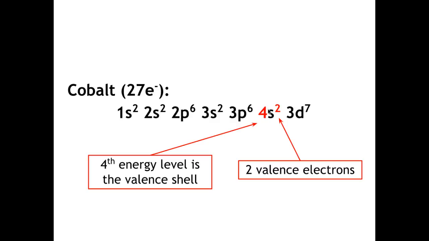That's 4. Even though 3d7 is to the right of the 4s2, and it does have more energy because it's a bigger sublevel, D has 10 electrons maximum. 4s2 is still on the outside because it is the highest energy level given, not 3, 4. So we would find the highest energy level, which is 4. Look at that, and we have 2 valence electrons. So cobalt has 2 valence electrons.